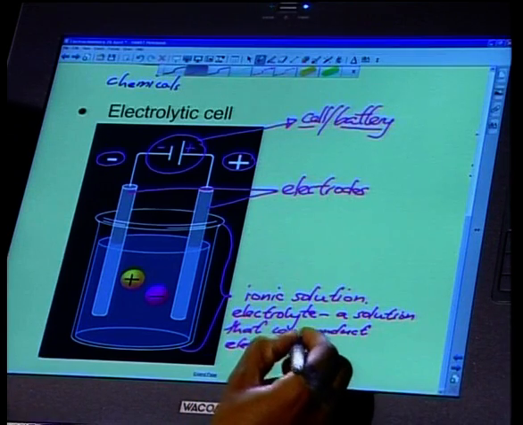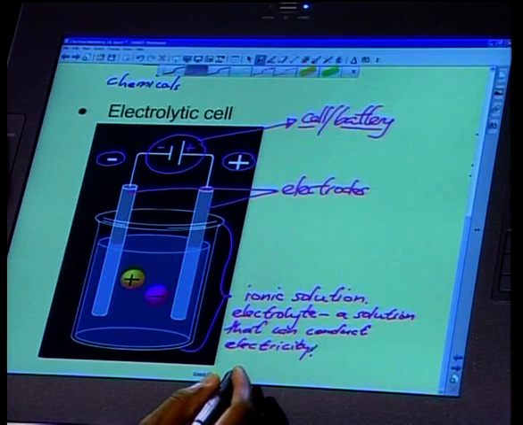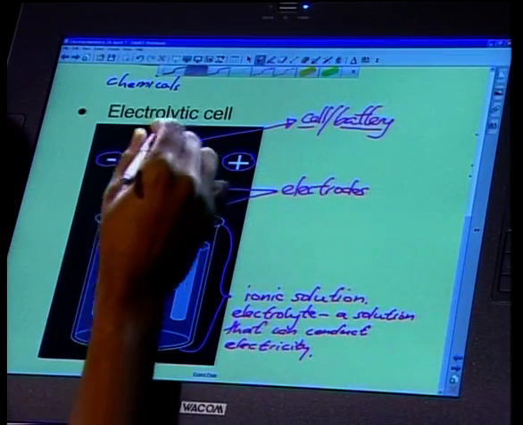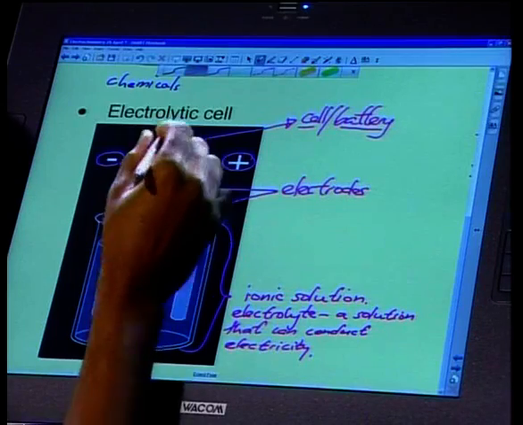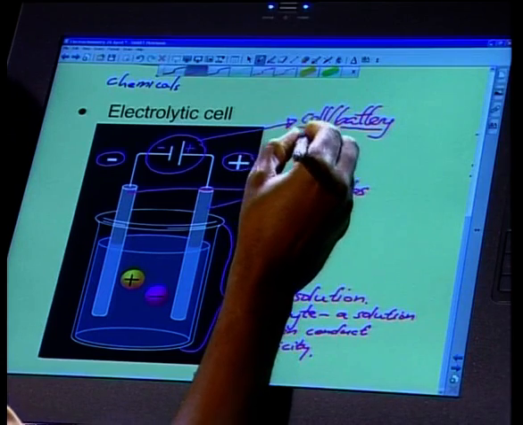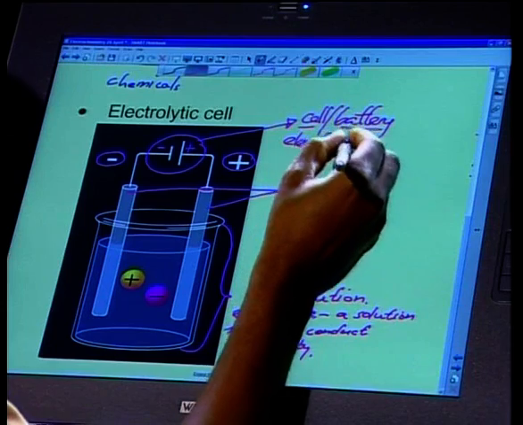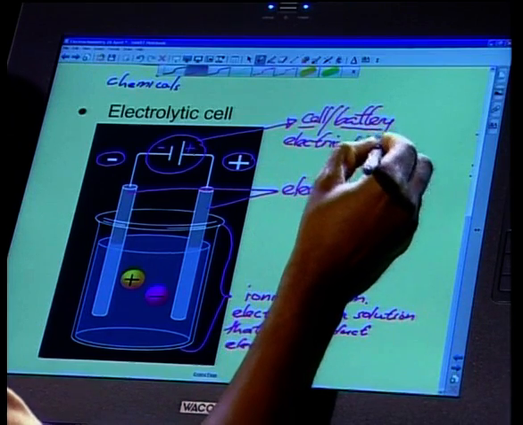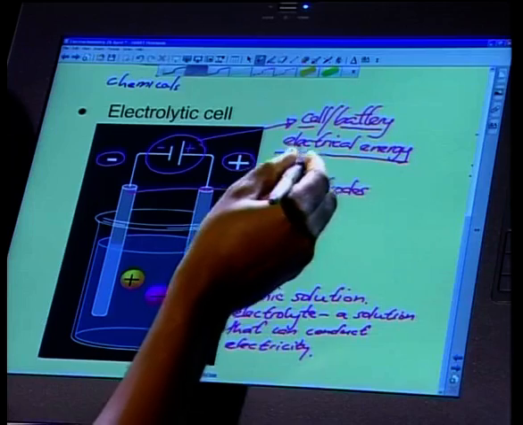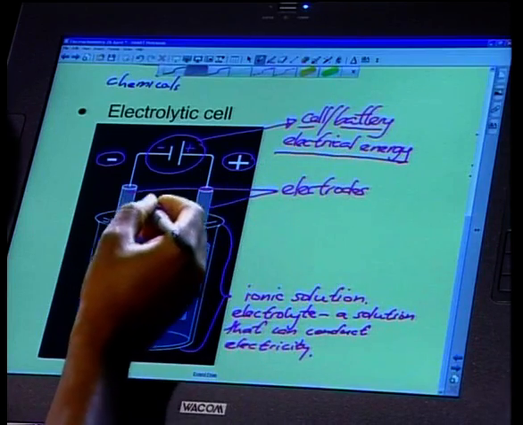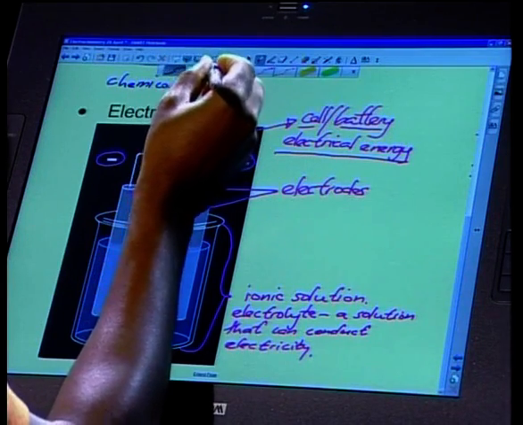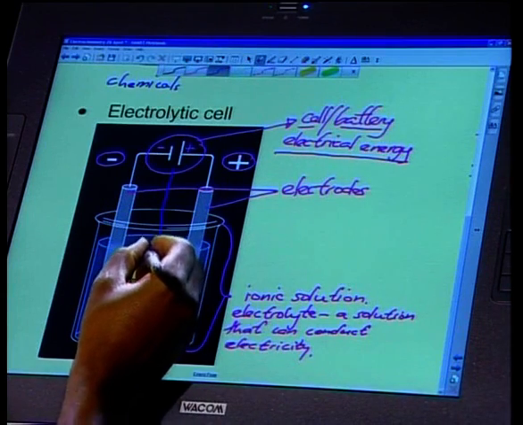Now, let's look at something else in comparison to the galvanic cell that we looked at earlier on. If you check here, like I said, we've got a cell, we've got a battery, and we know that the battery provides energy. It provides electrical energy. So electrical energy is provided into this cell here. Okay? Now, what does this electrical energy do, and where does it go? This electrical energy goes into the solution there.